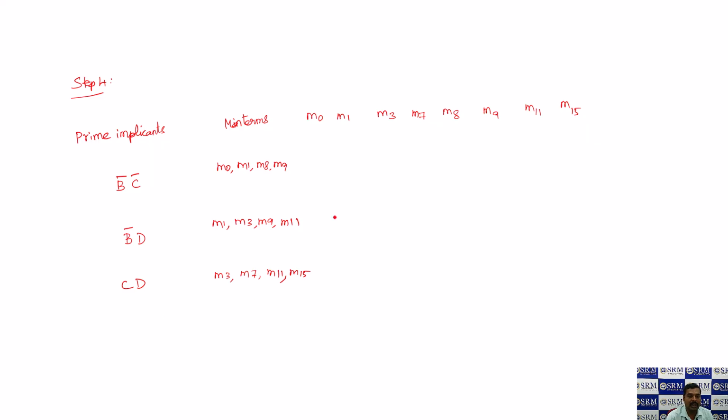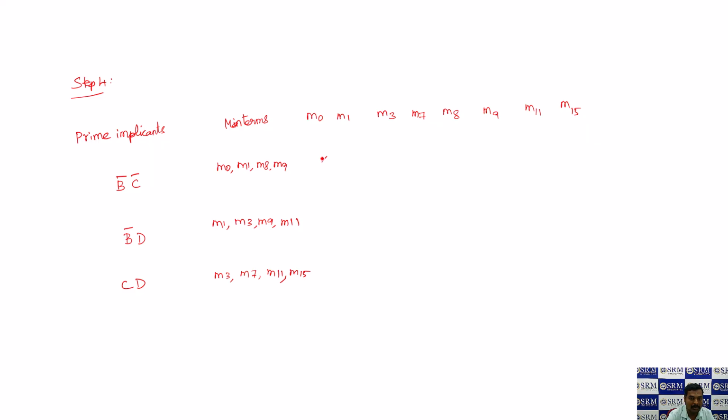Now after writing this, we had the minterms already written from the question given. Just put a mark over there. The first minterm is M0, so hence put a cross mark. At M0, no need to round.